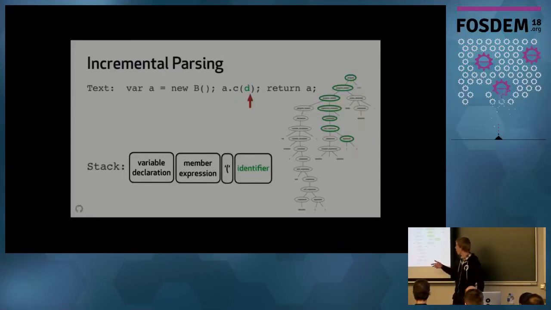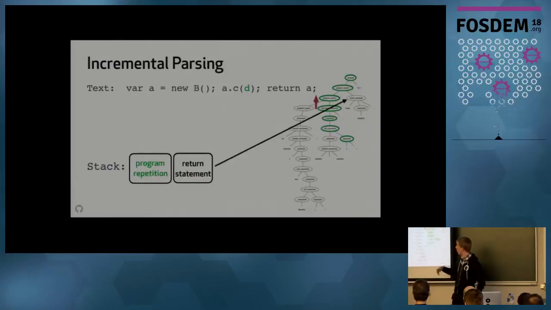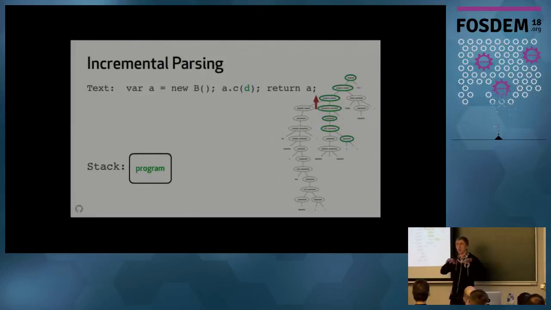So it can reuse the right parenthesis and do some more grouping here, and then reuse the whole final statement of the program and group that into a new root node that shares elements of the old root node. And in that way, the time it takes to do this is not proportional to the whole size of the file. It's only proportional to the amount of text that you inserted and the number of changes that you made.